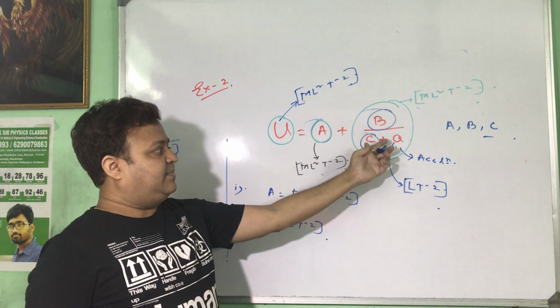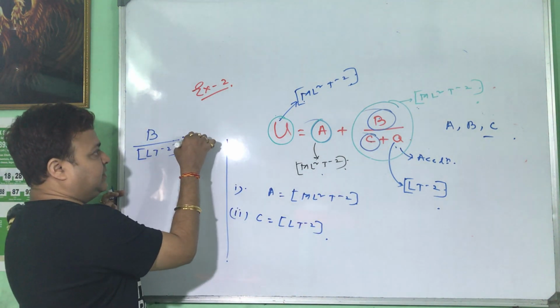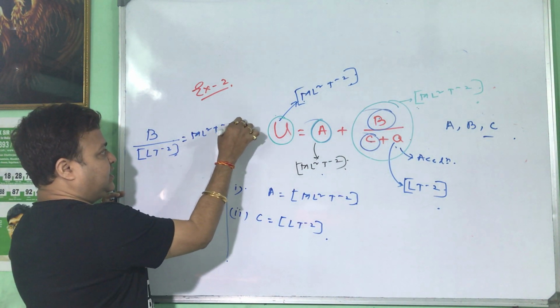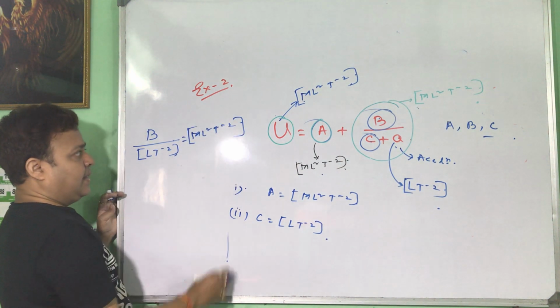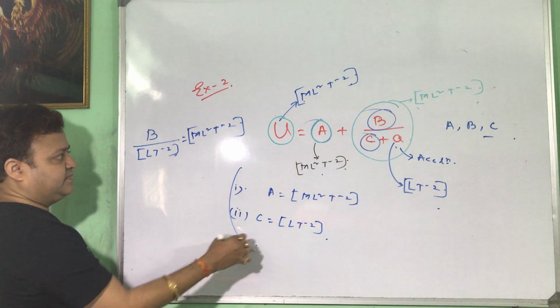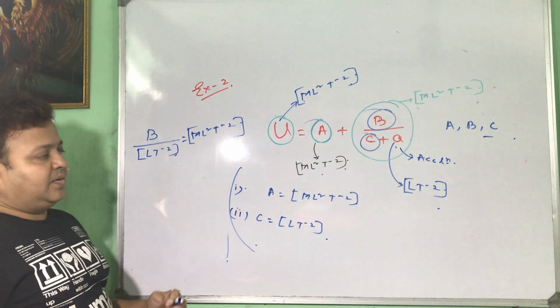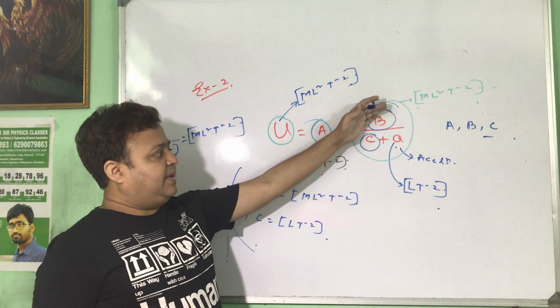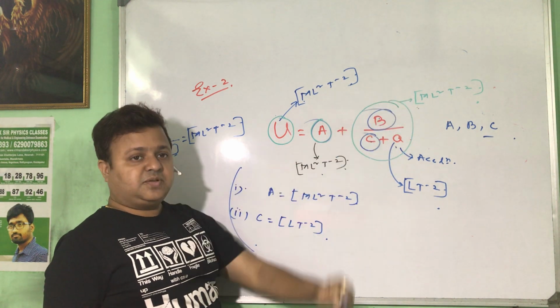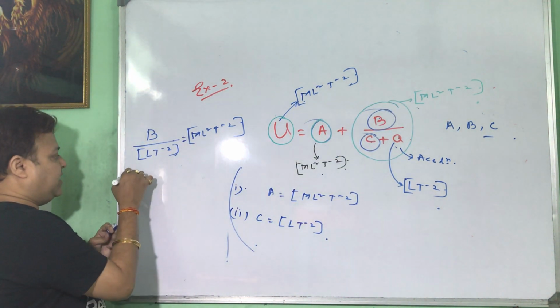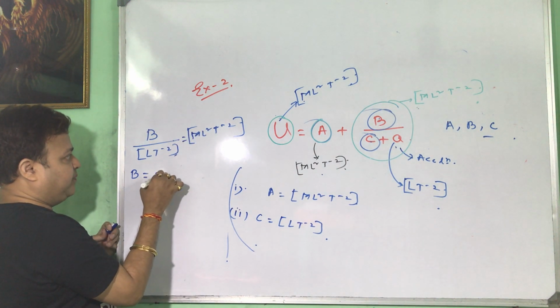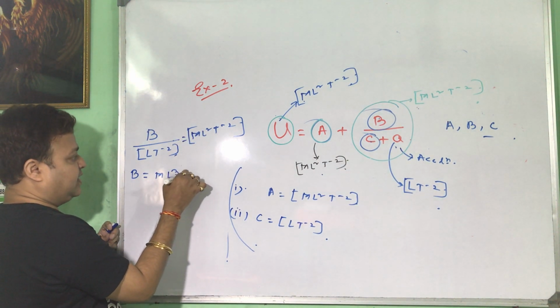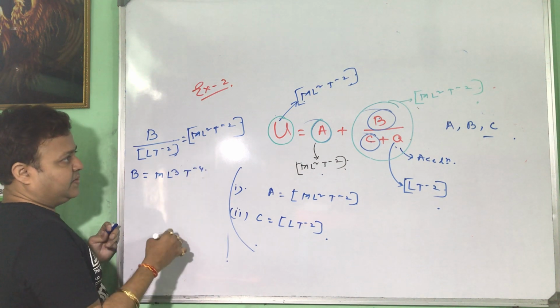So B by the dimension of acceleration is the dimension of energy, ML²T⁻². So B becomes, multiplying these two, ML³T⁻⁴.